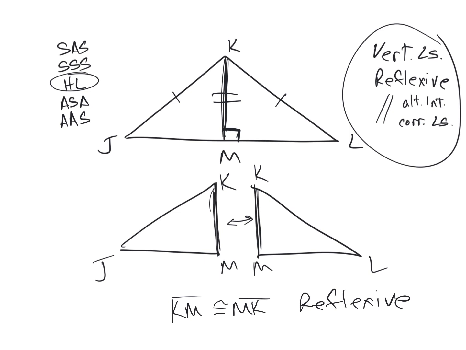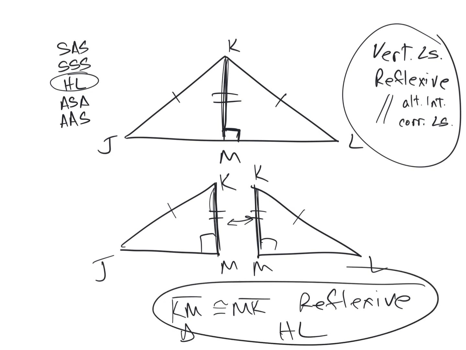But remember that it's not always hypotenuse leg. So do we have a hypotenuse and a leg? Yes, we have the 90 degrees here. We have both hypotenuses, and now we have both legs. So in this picture, you just say hypotenuse leg. That's the answer you would give.